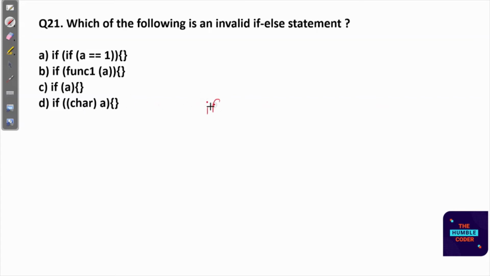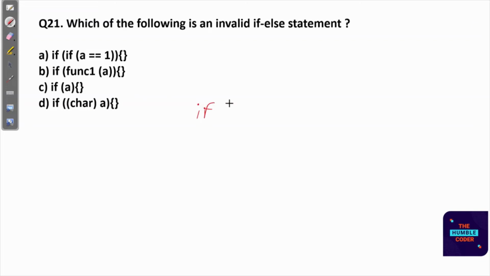If char a: this is absolutely fine, because we are writing a, which is a character, and even if you mention the data type it doesn't matter, we are basically typecasting it. This structure of if else is totally fine, so D should not be the answer. Moving ahead with option C.